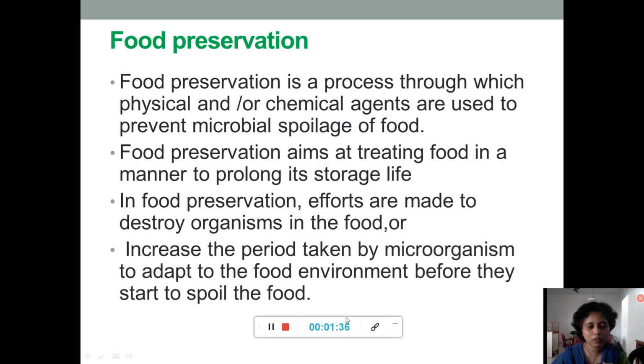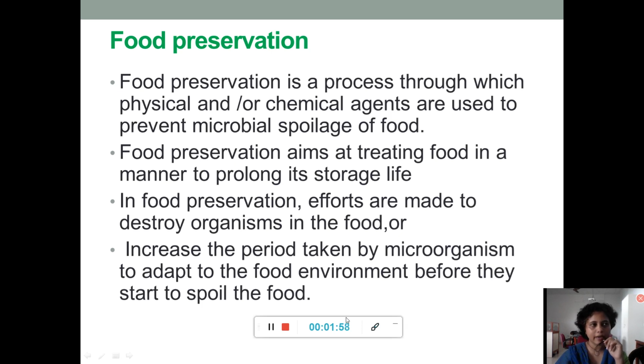Even when microbes are present in small numbers, it might not cause spoilage. So the two strategies to prevent microbial spoilage of food are either to kill the microbes completely or to give a condition so that the growth of the microbe in the food will be prolonged.